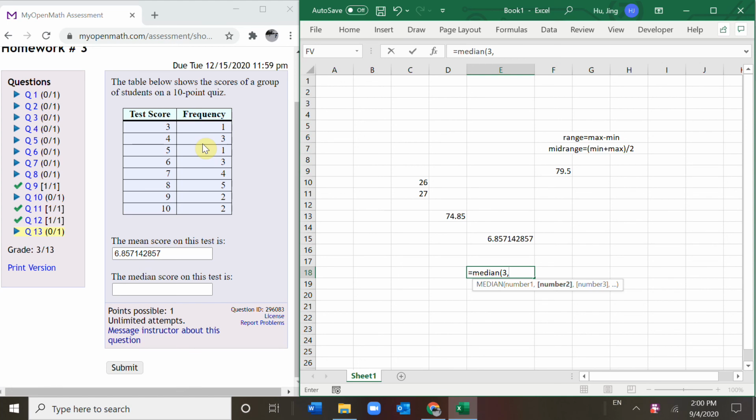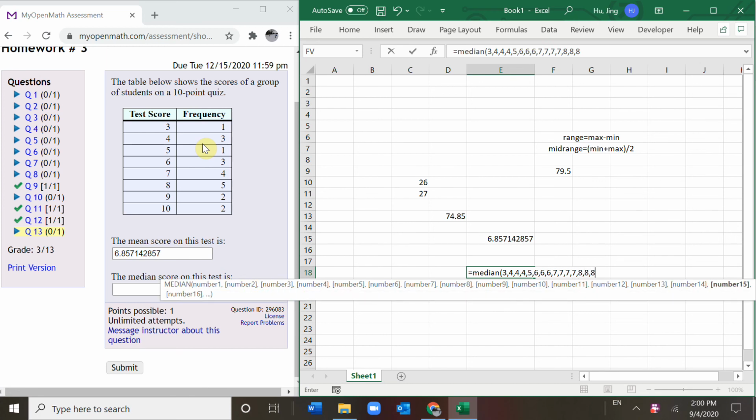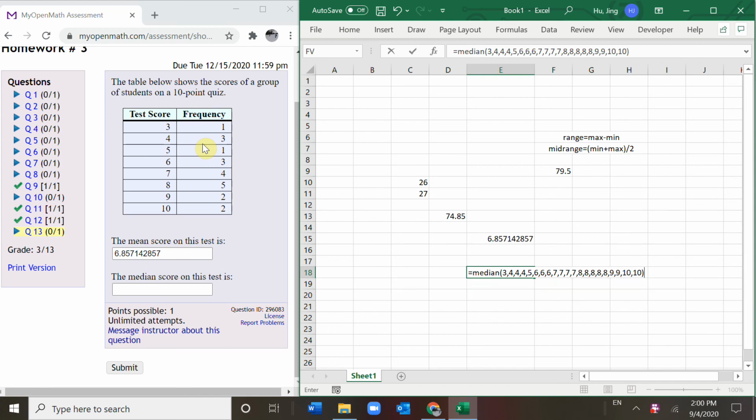So 4, 4, 4, right? Then 1, 5, and 3, 6, 6, 6, 6, comma, 7, 7, 7, 7. Then 8, 8, 8, 8, 8. Then 9, 9. Then 10, 10. Okay, then enter. So you get a 7.